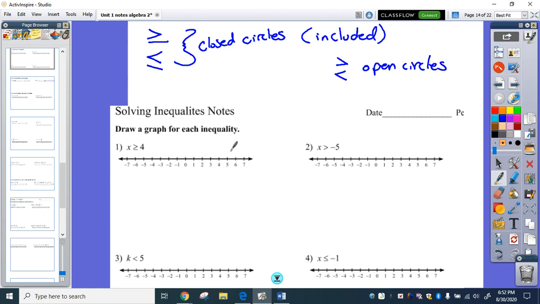Okay, so when we go through graphing some inequalities, you just want to remember the difference between your closed and your open circles. And then, of course, the last thing, remember that we always flip the inequality when we multiply or divide by a negative.